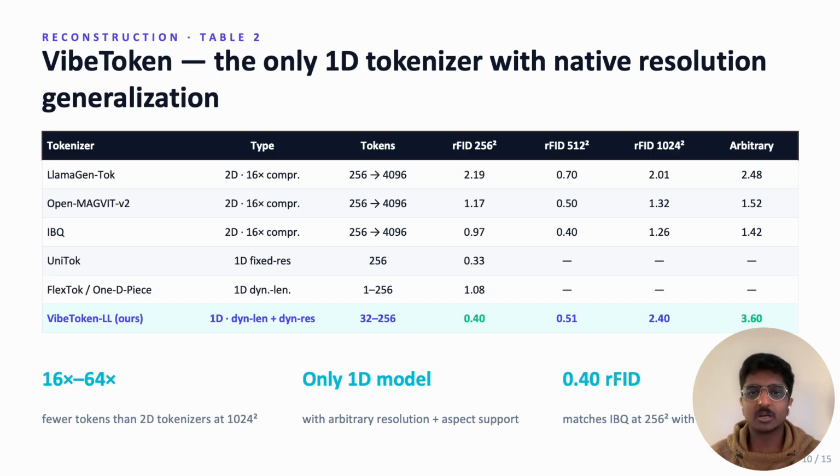As a result, VibeToken is the only 1D tokenizer that can support any arbitrary aspect ratio and resolution, while still maintaining competitive performance compared to 2D tokenizers. While 2D tokenizers require 4K tokens to encode 1024 resolution images, our VibeToken can encode 1024 resolution images with as few as 256 tokens, and can even be compressed to as low as 64 tokens.